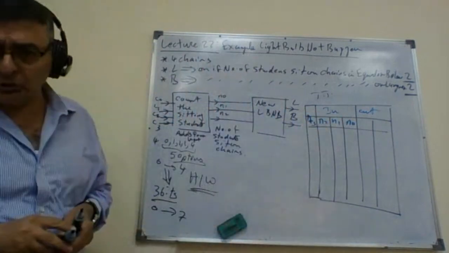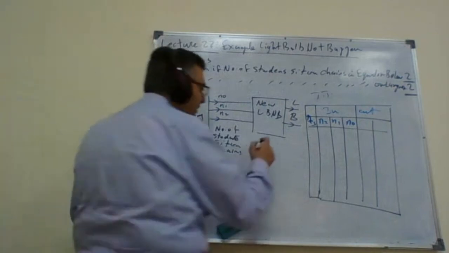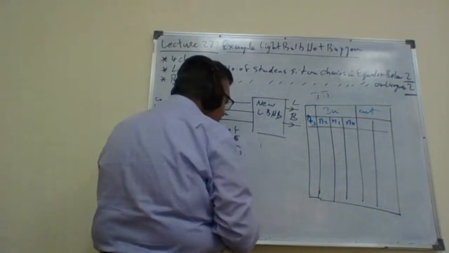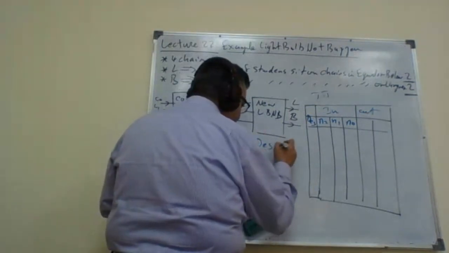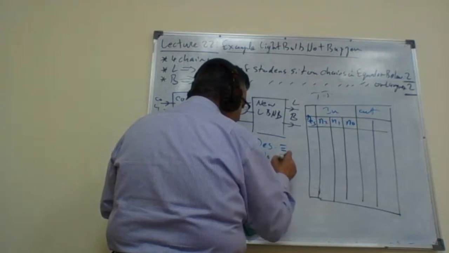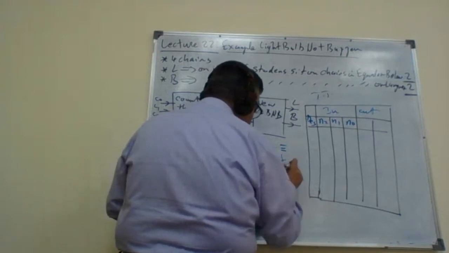Now the designator represents what? The designator represents the number of students on chairs.